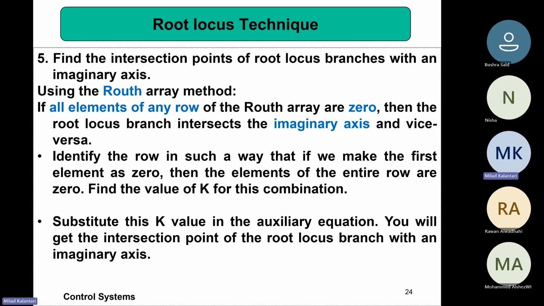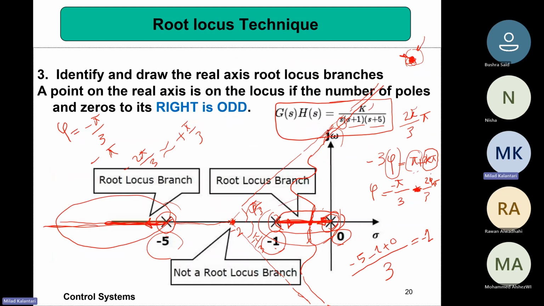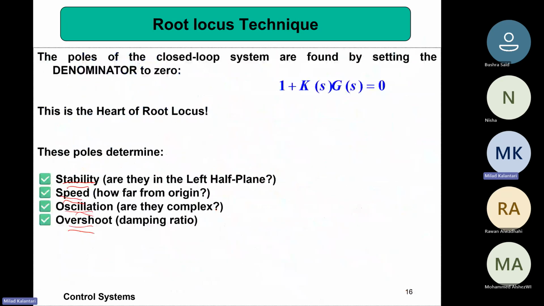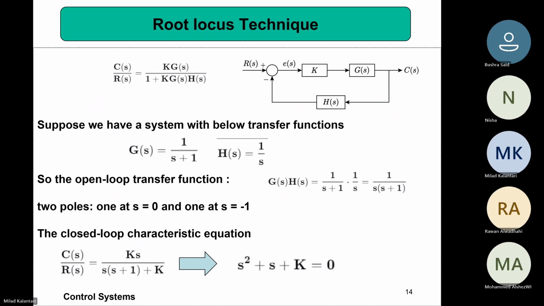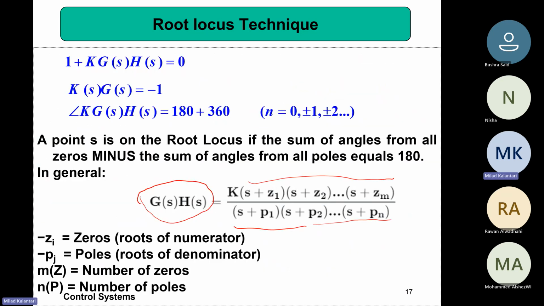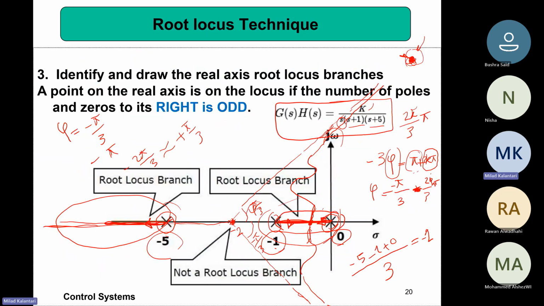And then we have the Routh-Hurwitz criteria, right? In fact, when a row of the Routh-Hurwitz array becomes zero, it means that the poles are supposed to be passing through the imaginary axis, crossing the imaginaries.